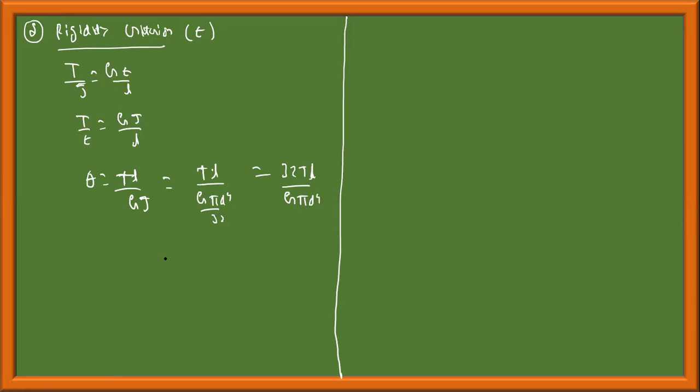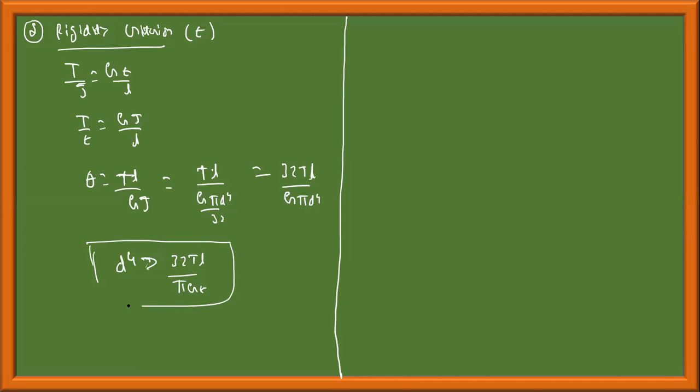Therefore, this d power 4 should be at least greater than 32 TL by pi G theta. Don't worry, we will not use this.